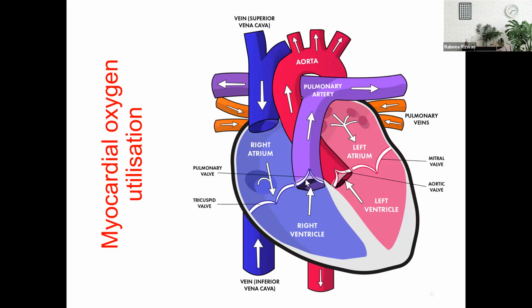The deoxygenated blood is all collected from our body through the superior vena cava into the right atrium, then the right ventricle. Then this deoxygenated blood is carried to the lungs through the pulmonary artery.